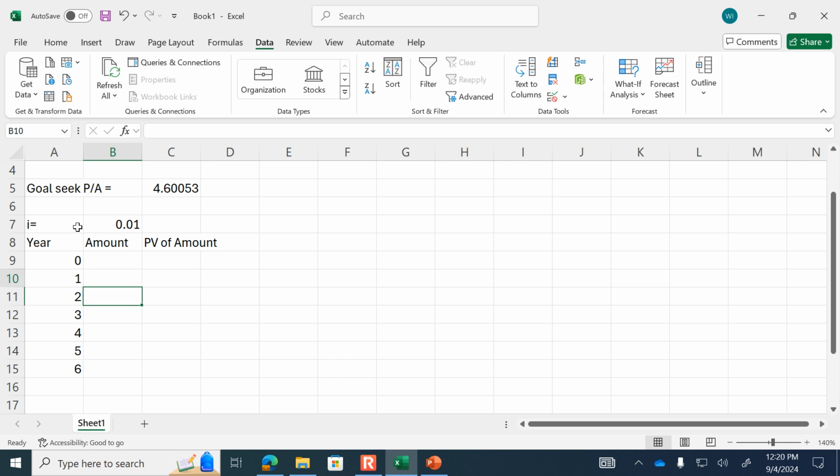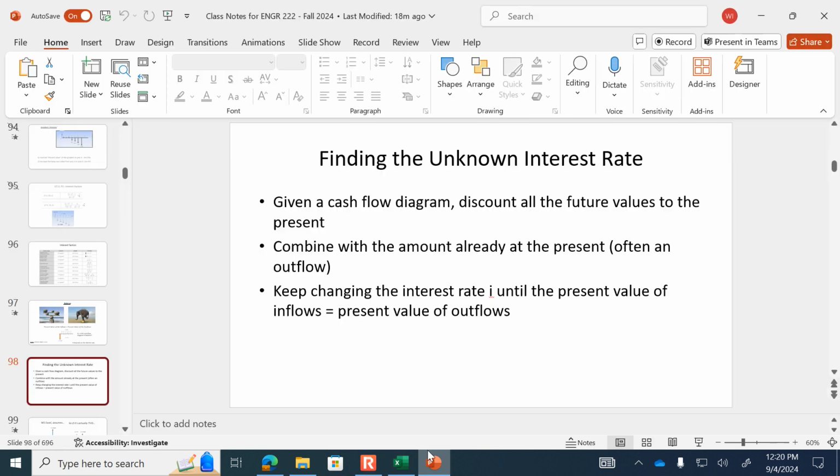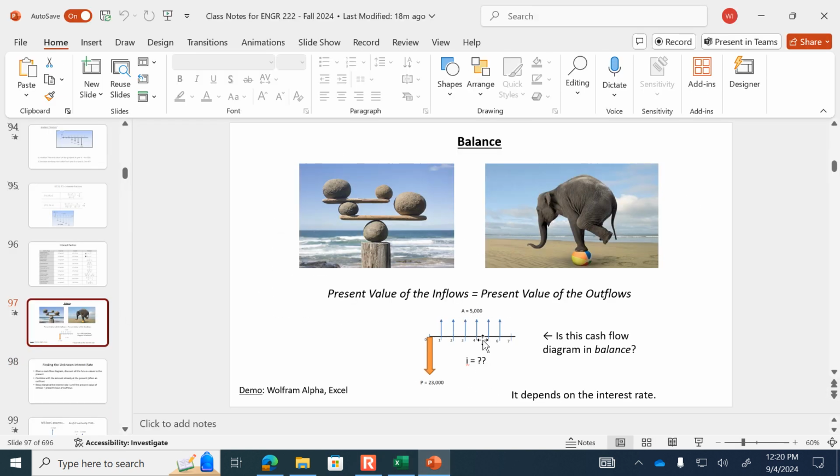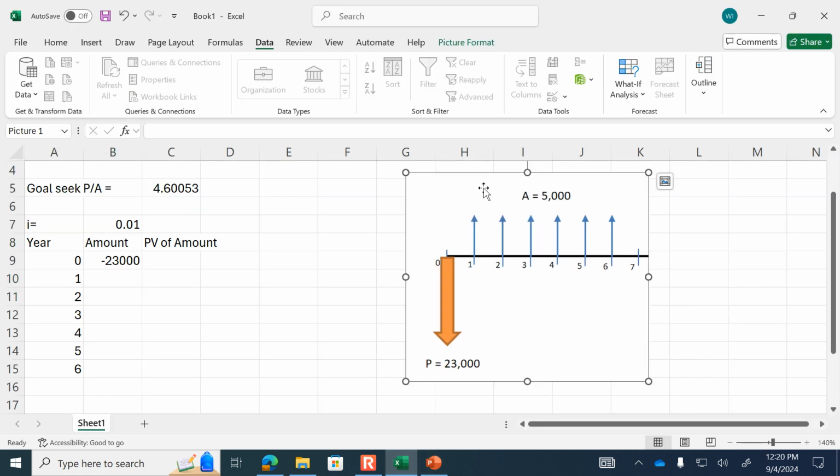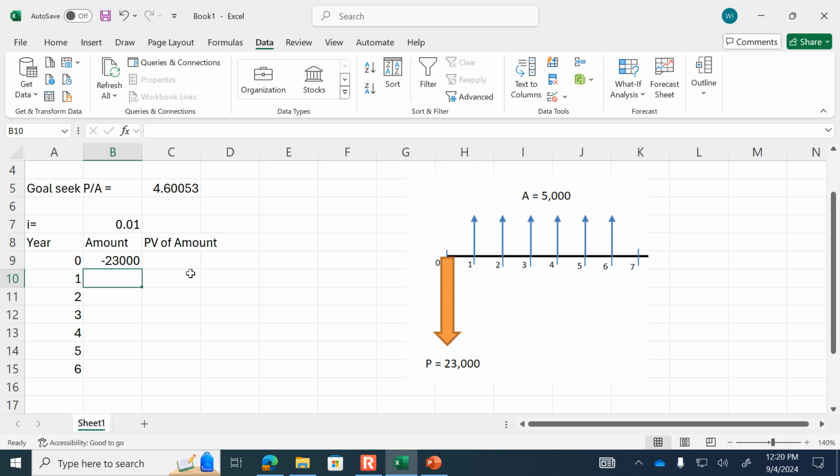Our cash flow diagram had negative 23,000 at time 0, and then 5,000 each year after that. So I'm just making a cash flow table, 5,000, and I don't have to type that in over and over. If you just have a value here, you can drag it down like that.